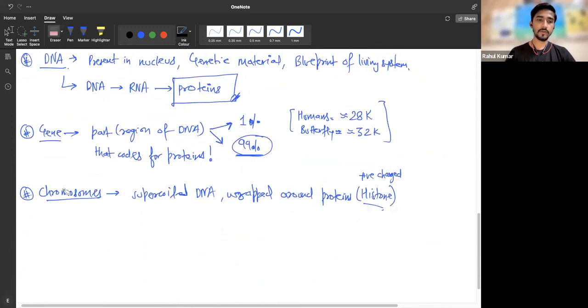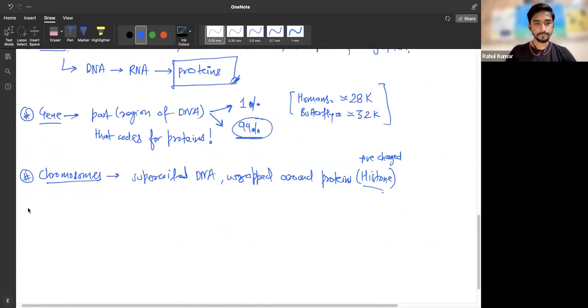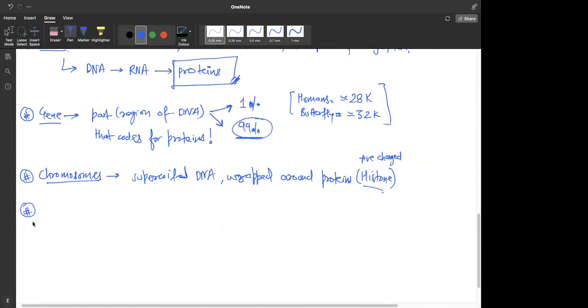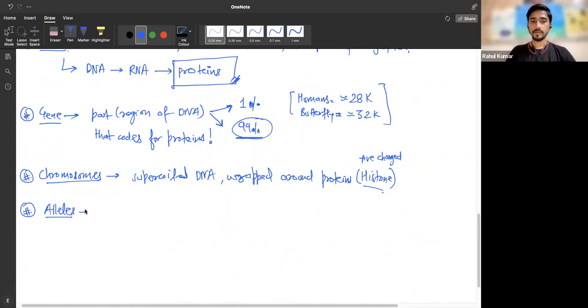Yes, allele. What do you think an allele is? It's a contrasting form of a gene. Same gene. Yes, right. So alleles are alternate versions of the same gene.